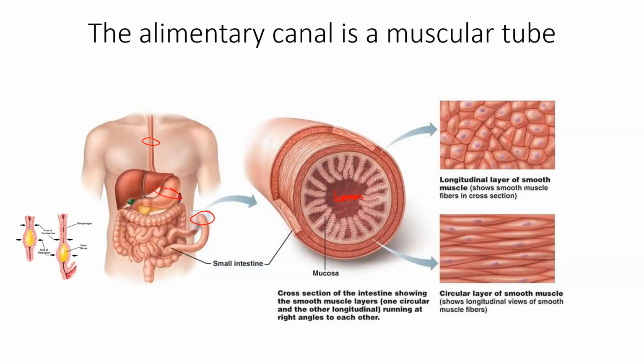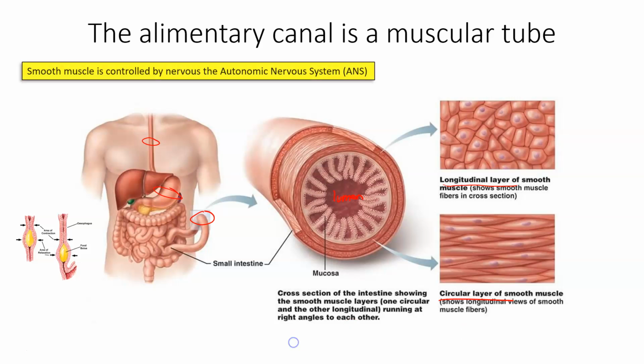The inside layer is called the circular layer of smooth muscle, and the outside layer is called the longitudinal layer of smooth muscle. What does that mean? That means that these two layers that sit on top of each other actually crisscross at a 90-degree angle and run perpendicular to each other.